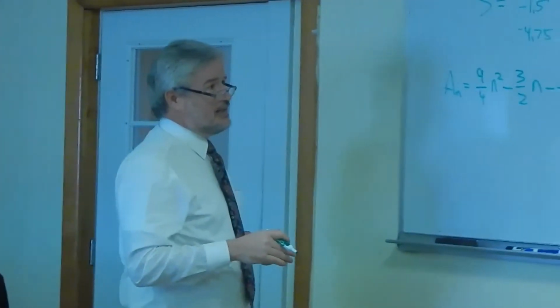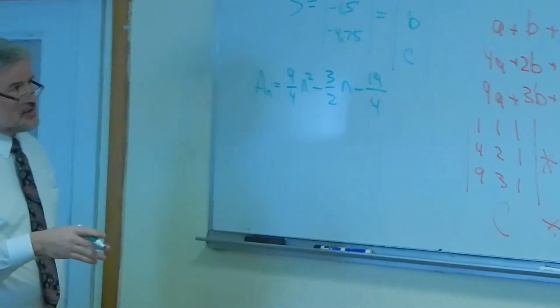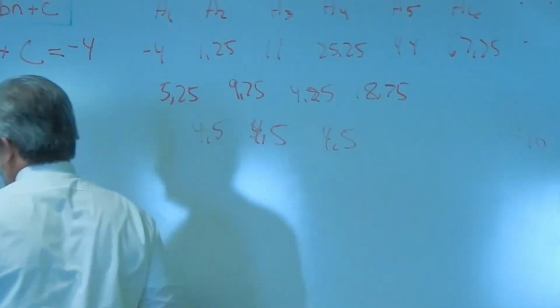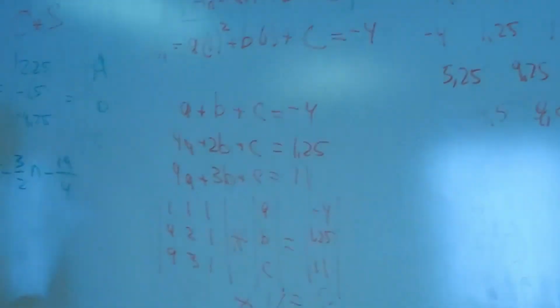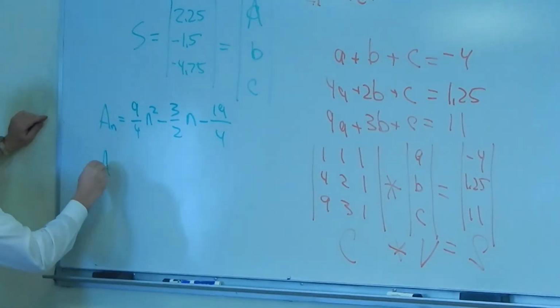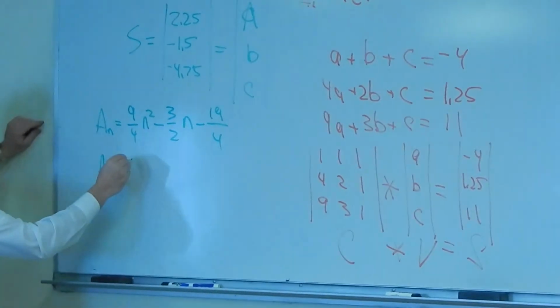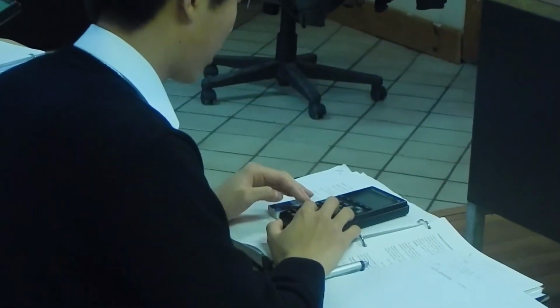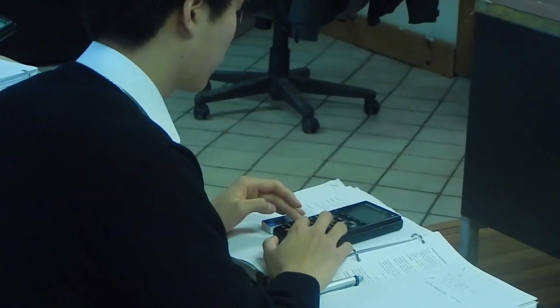Well, let's see if it works. Let's just do one that we know first. A5, right? So everybody get the calculator ready. A5 is going to be equal to 9/4 times 5 squared, which is 25.